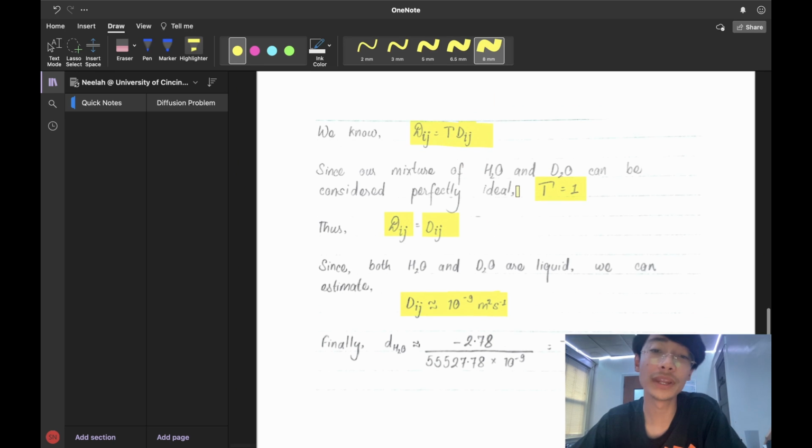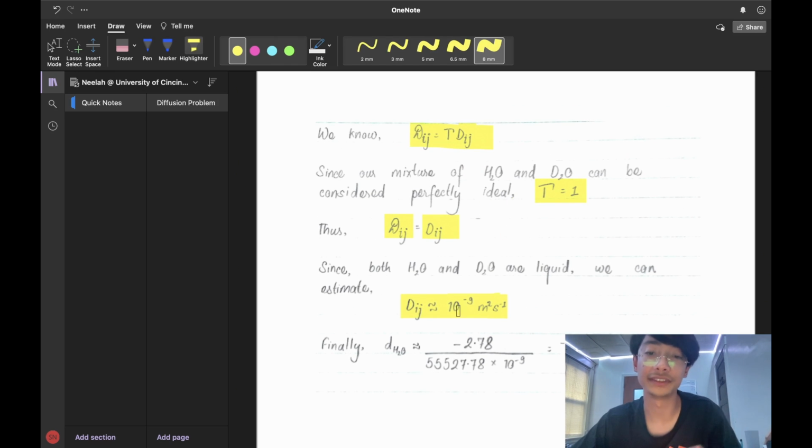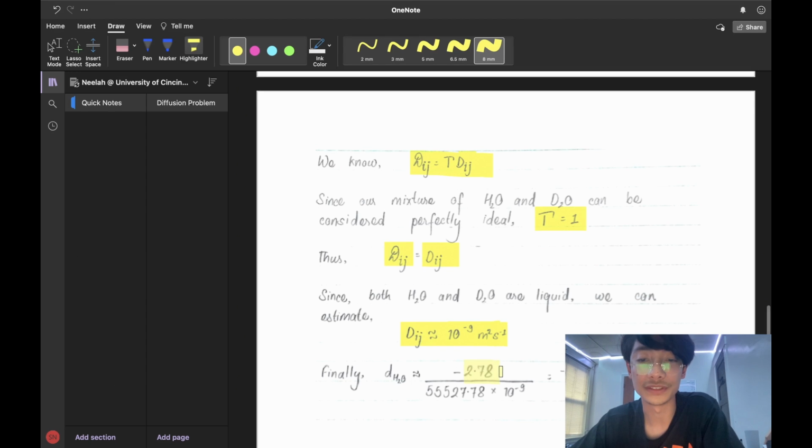What we end up with after putting in all the values is that the driving force is almost equal to the negative of 2.78, which is the diffusion flux of water, divided by the total concentration, which we get by adding the molar concentrations of water and D2O, multiplied by the diffusion coefficient, which is in the order of magnitude of 10 to the -9. And this ends with the final answer of -5.0065 times 10 to the 4.